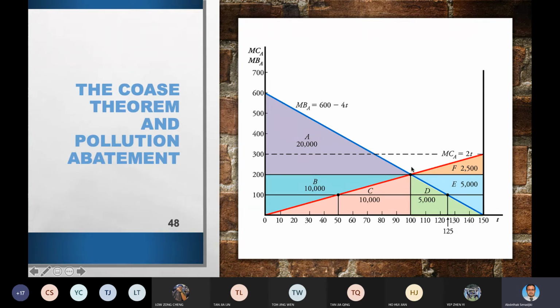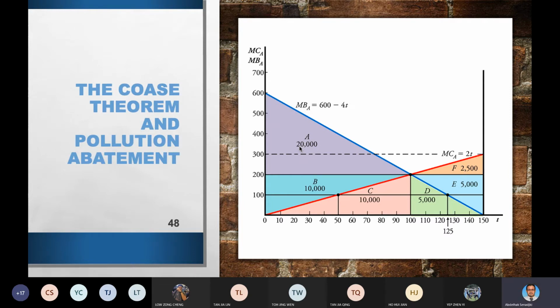So this firm will not agree to abate more than 100. As I said, the community will pay 20K. In return, they receive this area A, 20K also. Therefore, both the firm and the community are better off, and the final result is socially efficient.